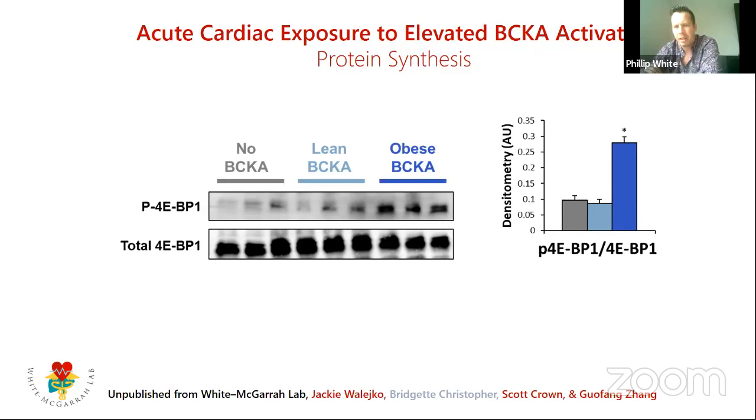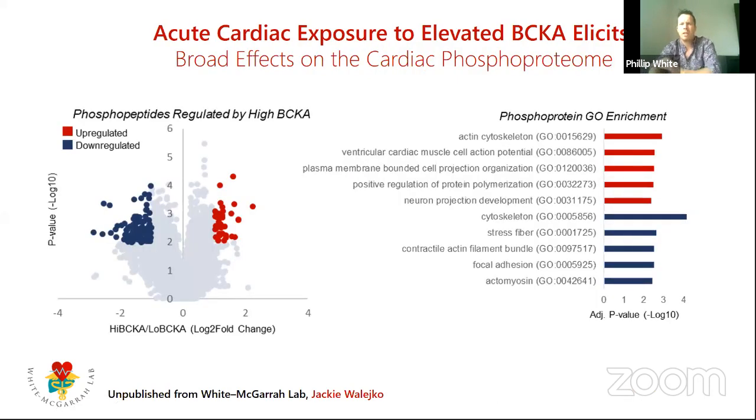And since this effect on protein synthesis happens so quickly, we felt the best way to look at this would be through phosphoproteomics. So we employed tandem mass tag-based phosphoproteomics analysis with the Duke phosphoproteomics core. And what we compared was the high branched-chain keto acid exposed hearts to those exposed to the low levels, not the no level, but the low lean level of branched-chain keto acids.